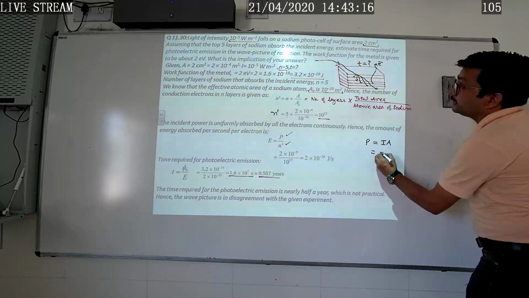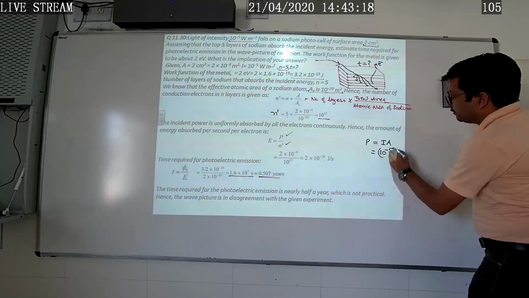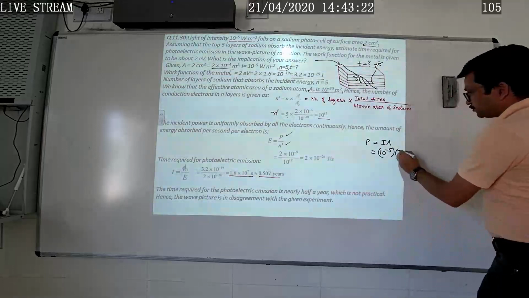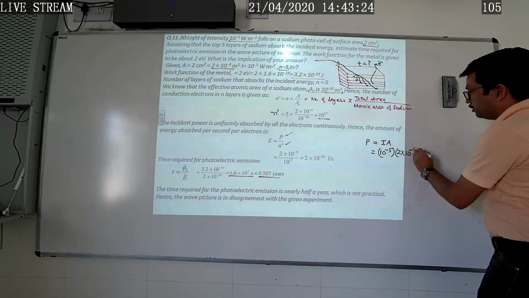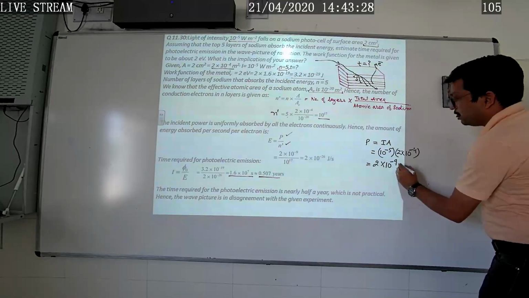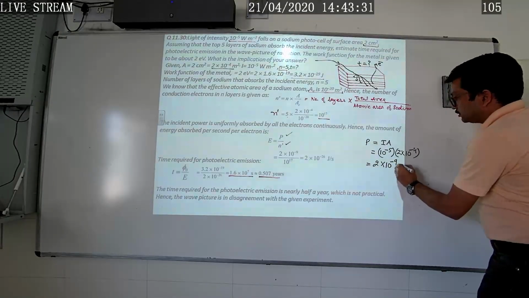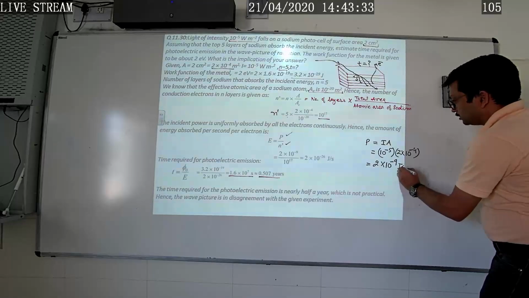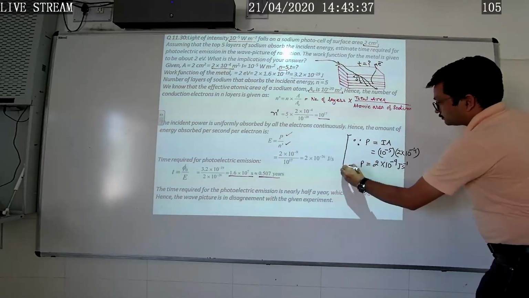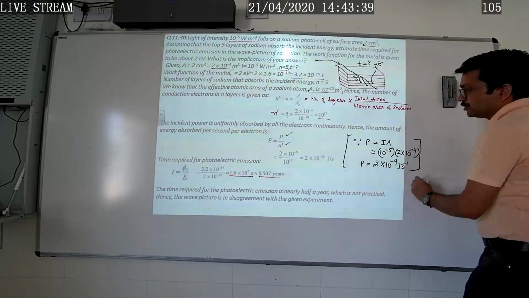So that's why intensity 10 to the power minus 5 and area is 2 into 10 to the power minus 4. So it will come out to 2 into 10 to the power minus 9 joule per second. So that's why we can write like that, because we were getting confused here.